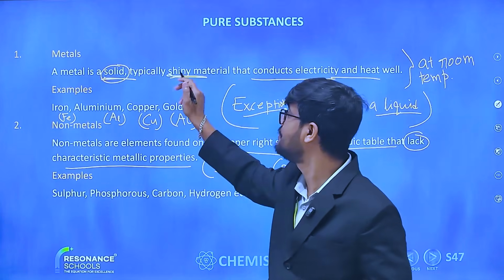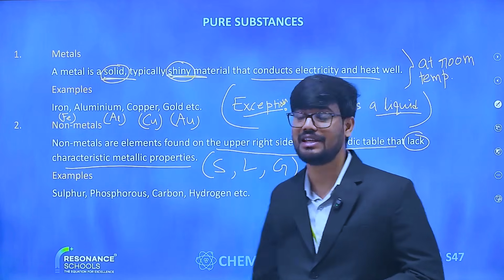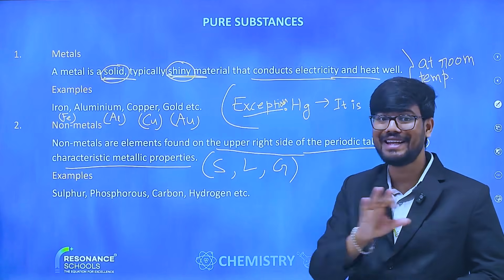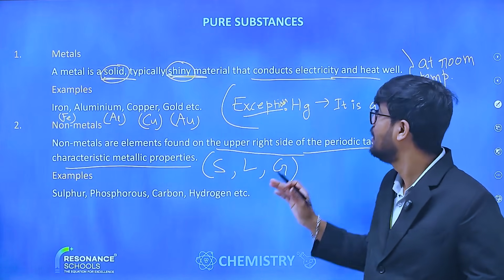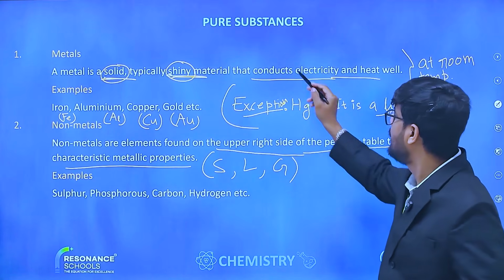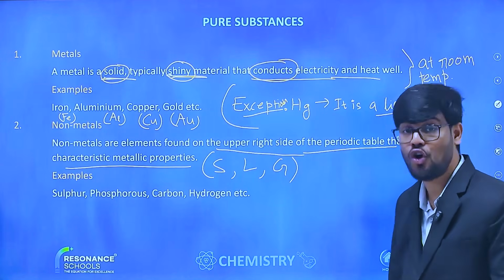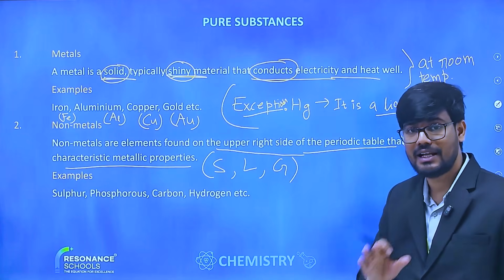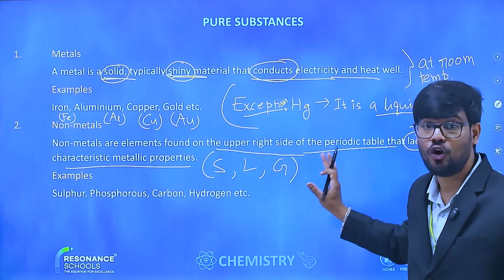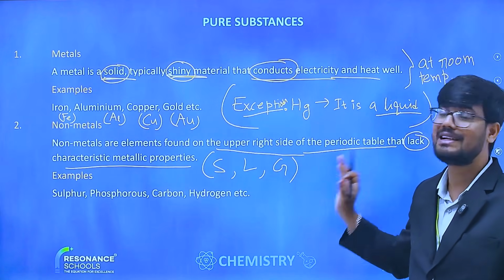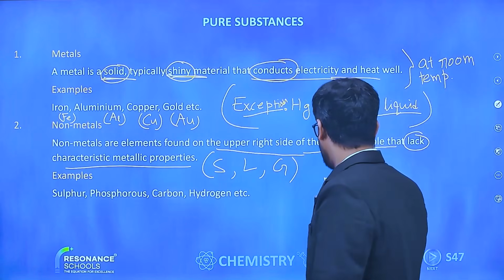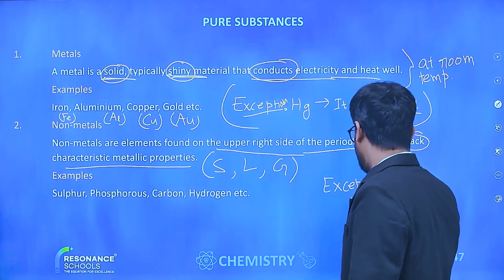Next, shiny material. There we wrote shiny material. Here we will not get any shiny property. Next, conduct electricity. Normally non-metals do not conduct electricity. Here also one exception we have.